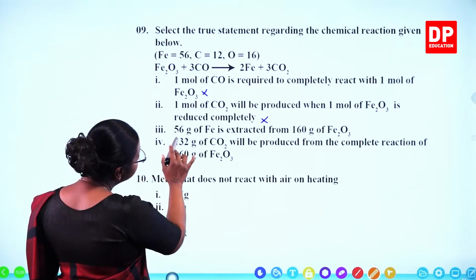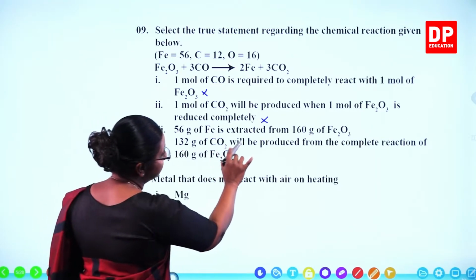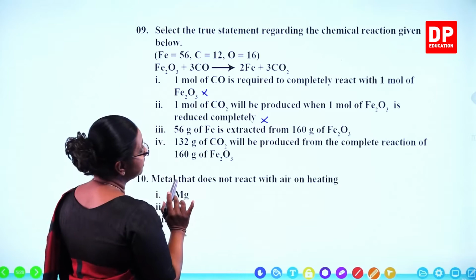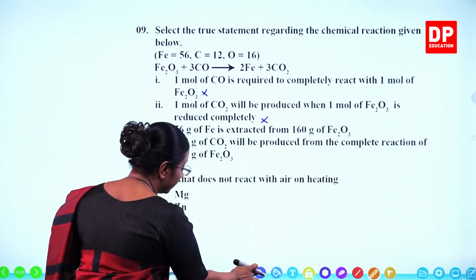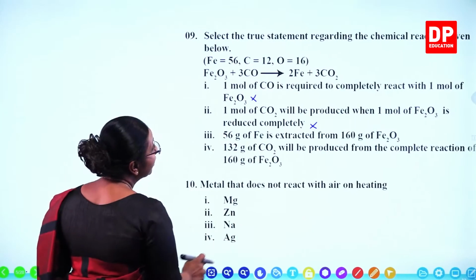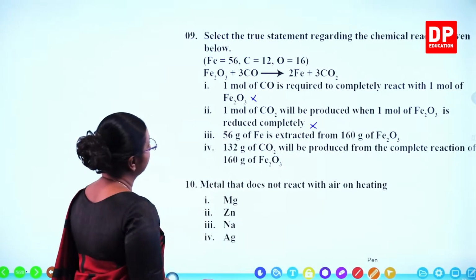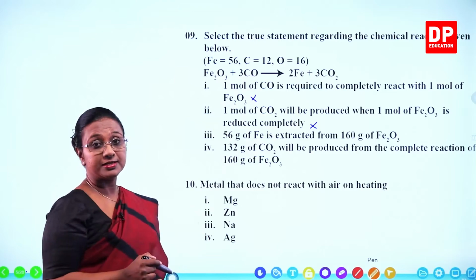Then it says 56 grams of Fe is extracted from 160 grams of Fe2O3. To do that, we need to have the relative molecular masses of these compounds. Now here the relative atomic masses are given.